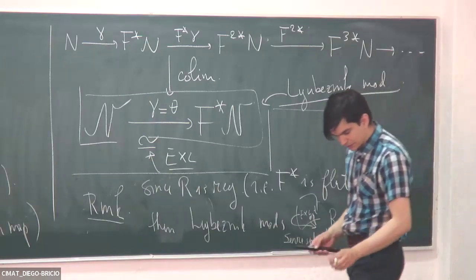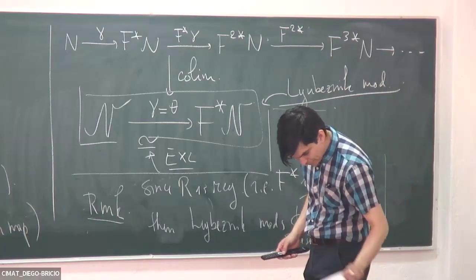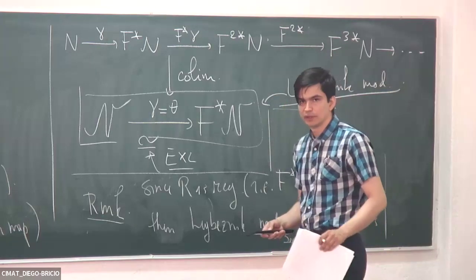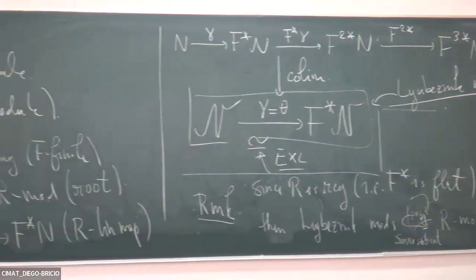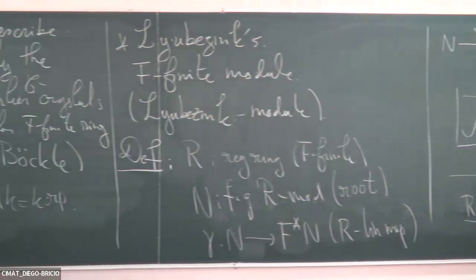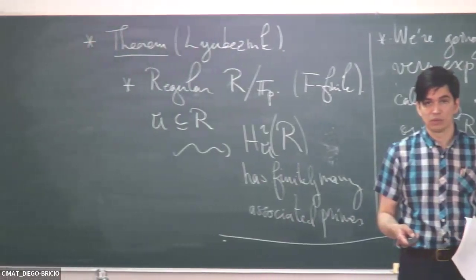Okay, so we have this category, and you may be wondering, well, who cares? What's an example of this? And I guess the main motivation was the following example. It's local cohomology.